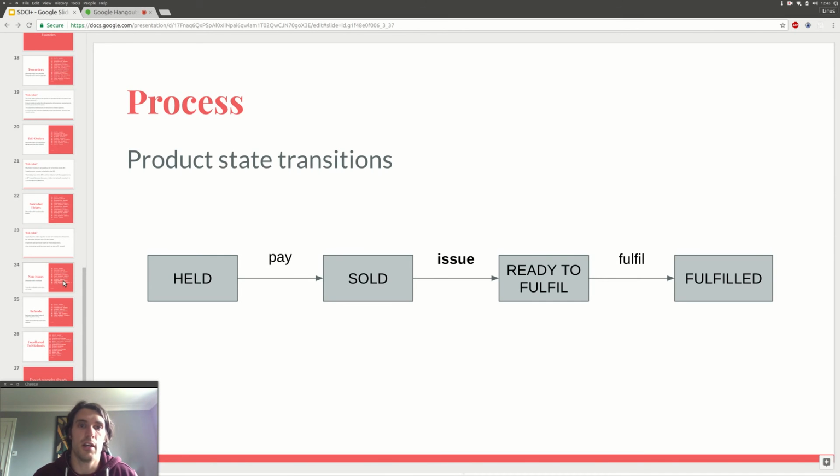So there's a product state transition that they go through, and you'll see this in a lot of the RSP documentation and other places. Essentially, when you create a product, it's held, and then you might pay for it, and it moves into the sold state, and then you issue it, and it becomes ready to fulfill, and then you fulfill it, and it's fulfilled. The part that SDCI Plus is concerned with is purely issuing.